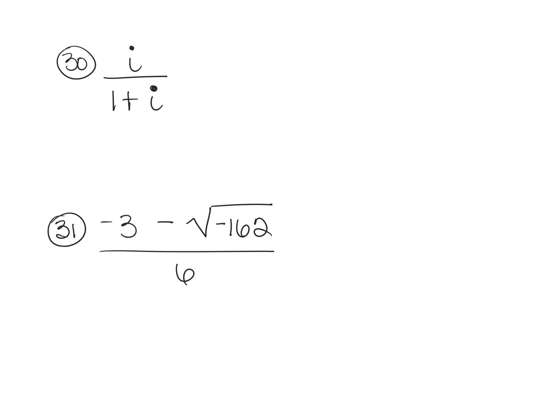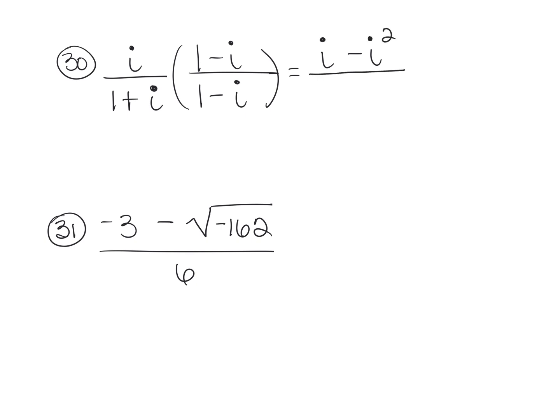Number 30, you have to not have any i's in the denominator because that's equivalent to having a radical in the denominator. So again, we have two terms down there. So I'm going to have to multiply by the conjugate, which is 1 minus i. So if I multiply across the top, I have i times 1, that's i. And then I have i times negative i, so that's negative i squared. In the denominator, I have 1 times 1 is 1.